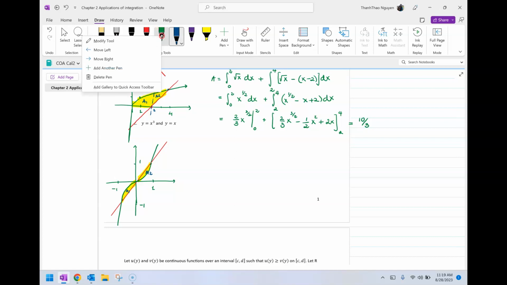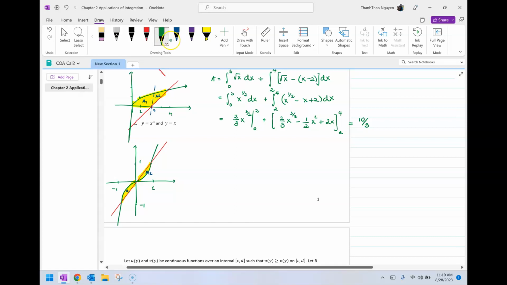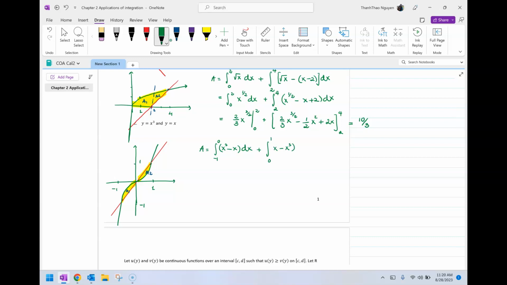So the area is equal to part 1, from -1 to 0 of x to the 3rd minus x dx, plus the second part, 0 to 1 of x minus x to the 3rd dx.